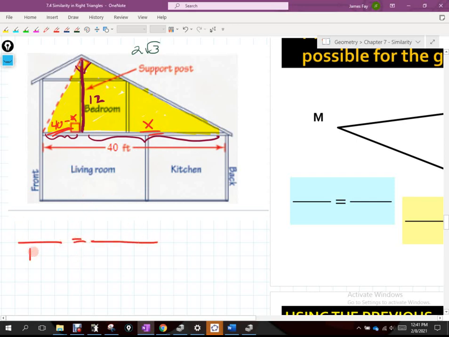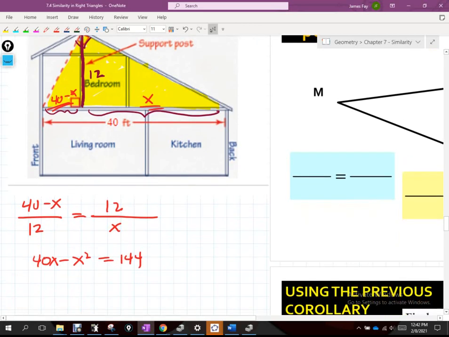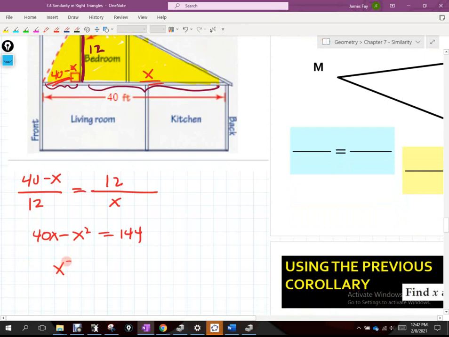The 12 is the geometric mean between 40 minus X and X. So you get 40X minus X squared equals 144, right? Cross multiply. I'm going to rewrite this as X squared minus 40X plus 144. Just going to move everything over with the 144. Two numbers that multiply together give me 144, but add up to 40.